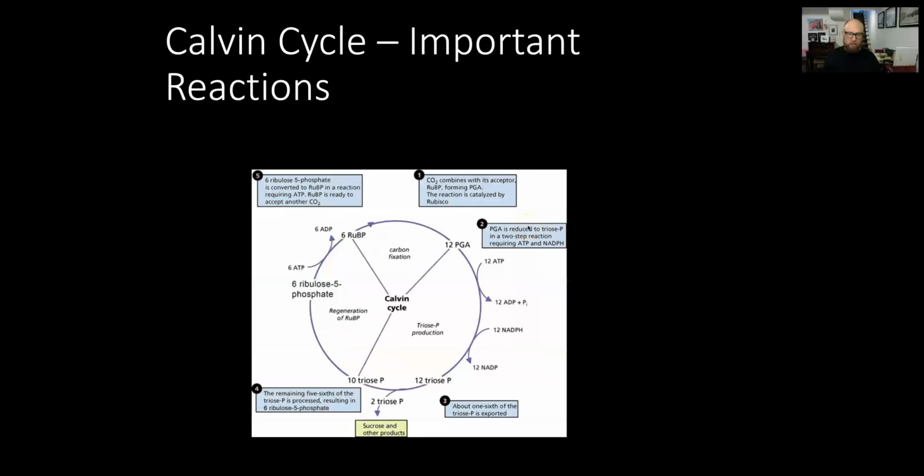Okay, so here is just a general diagram of the Calvin cycle. And this is from your book, so if you want to look at this later, you can go to your book and get this. You can see on the outside, it's listed 5 general steps. I'll walk through these. But then we divide the Calvin cycle into 3 general steps: carbon fixation, the triose phosphate production, and the regeneration of ribulose bisphosphate.